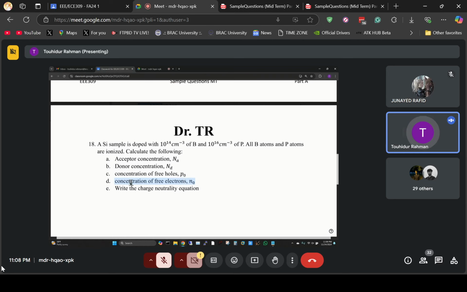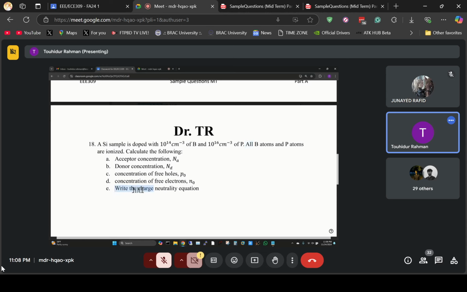So what will be the concentration of free electrons? 10 to the power 16 per centimeter cube, because all means 100%.